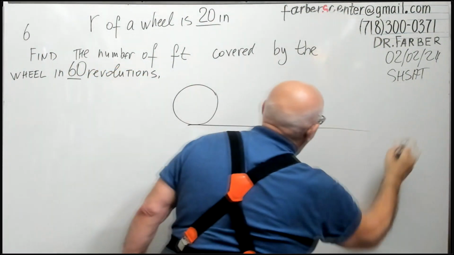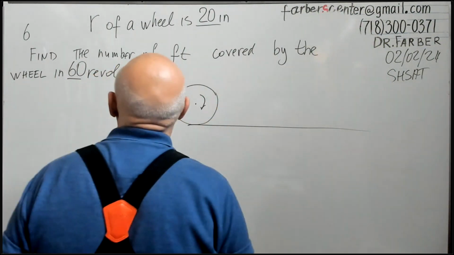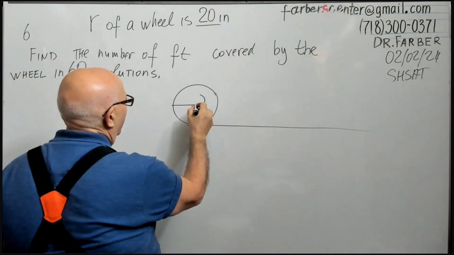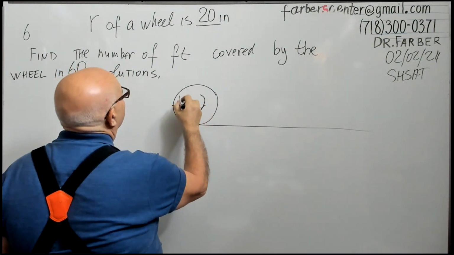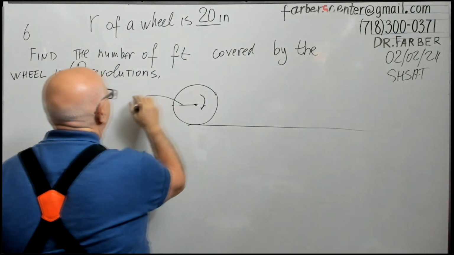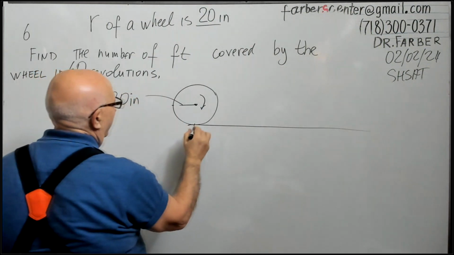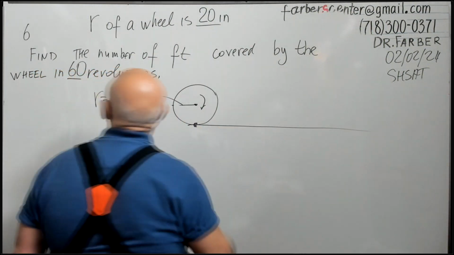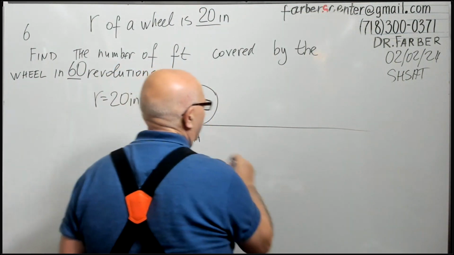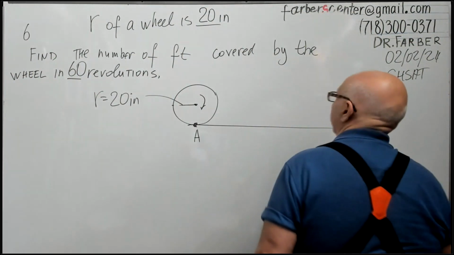And it's moving this way. And now this radius equals to 20. Let me make bigger here. The radius equals to 20 inches. And it's moving in 60 revolutions. It will be from here, from A, somewhere to point B. Okay, good.